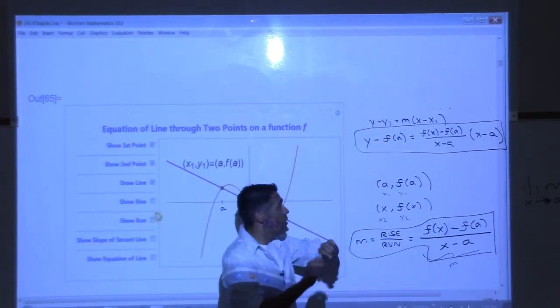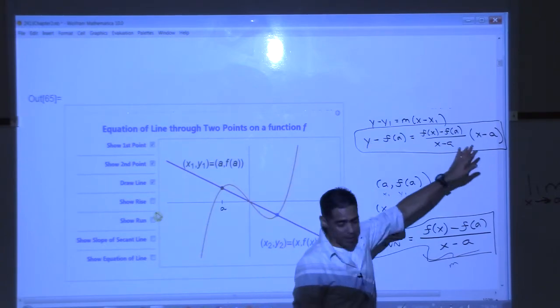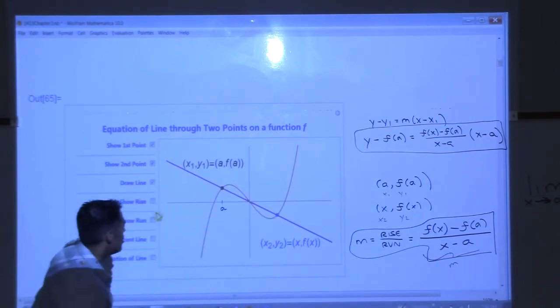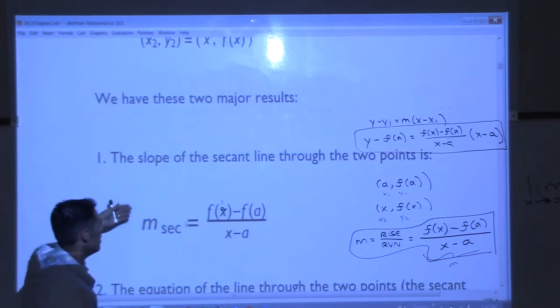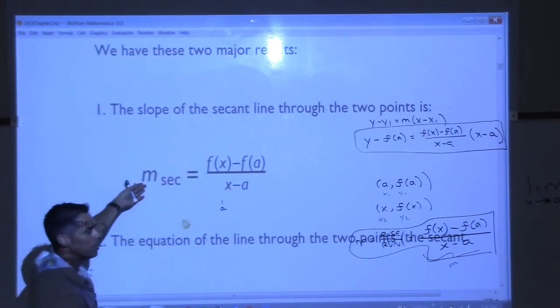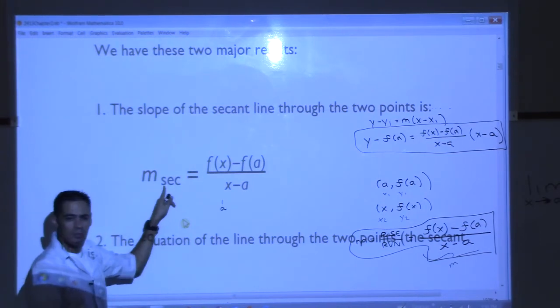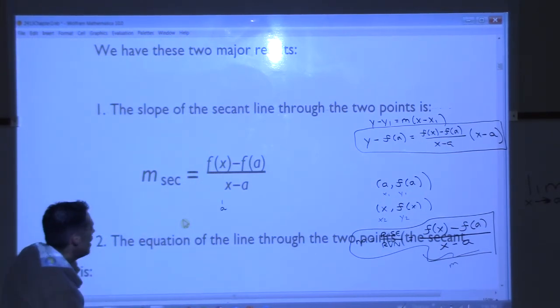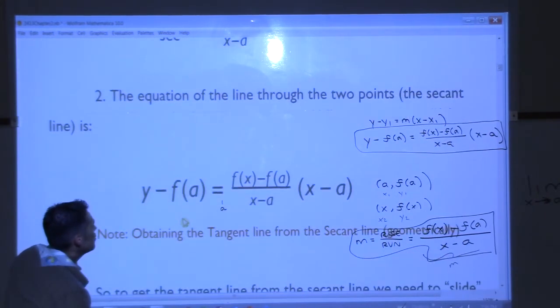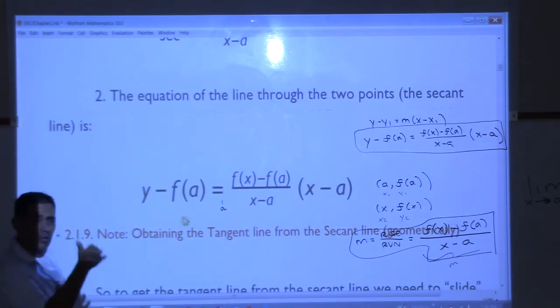And you can always find the equation of the line by using that formula. And that's what I summarize here. Right there, there's your slope. I say slope, and I subscript it with secant, so that we're talking about between 2 points. And then there's the equation of the line right there. So this is all in your notes, all right?